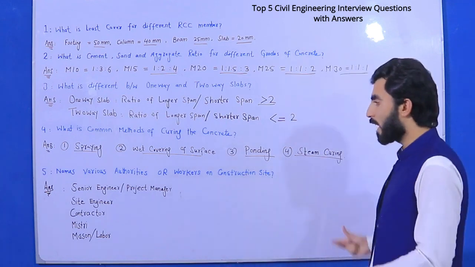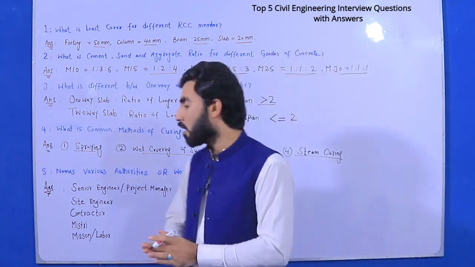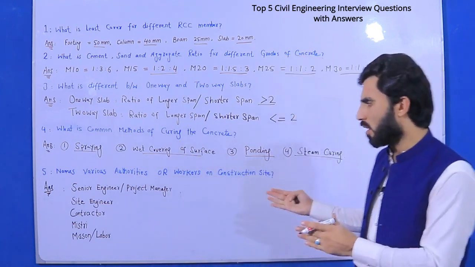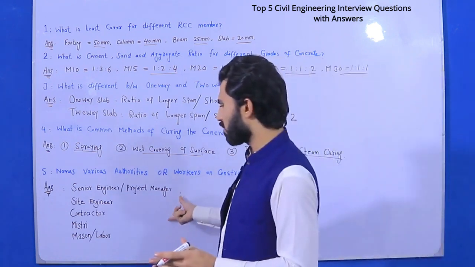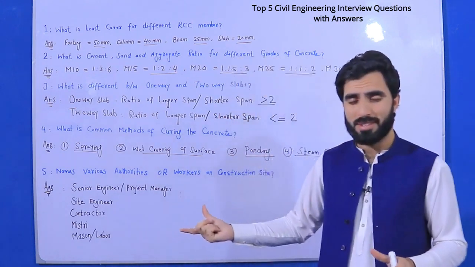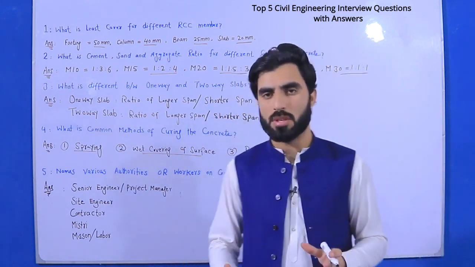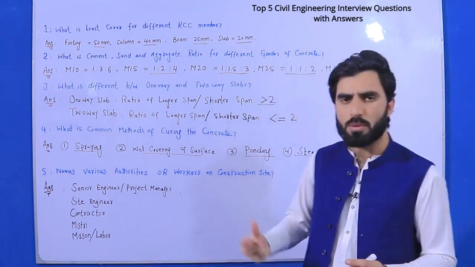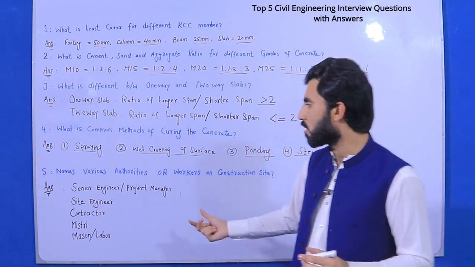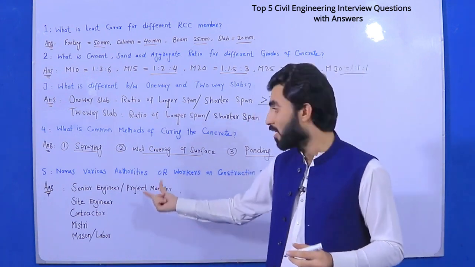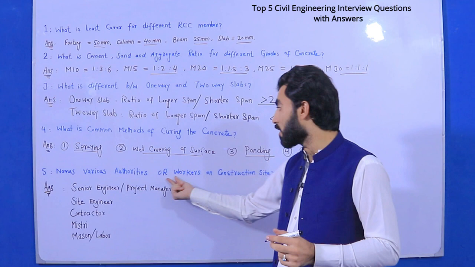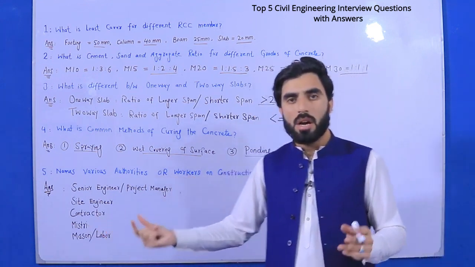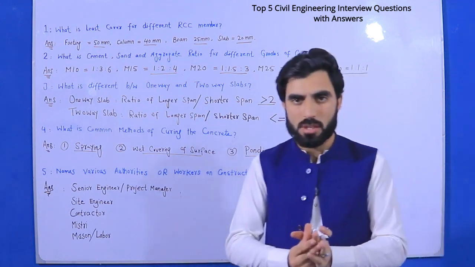Guys, the last one is a very important and often asked question, and many people can ask you. Also, some of my students went for interviews, and they told me that, sir, this is also an often asked question: name various authorities of workers on a construction site or during building construction.